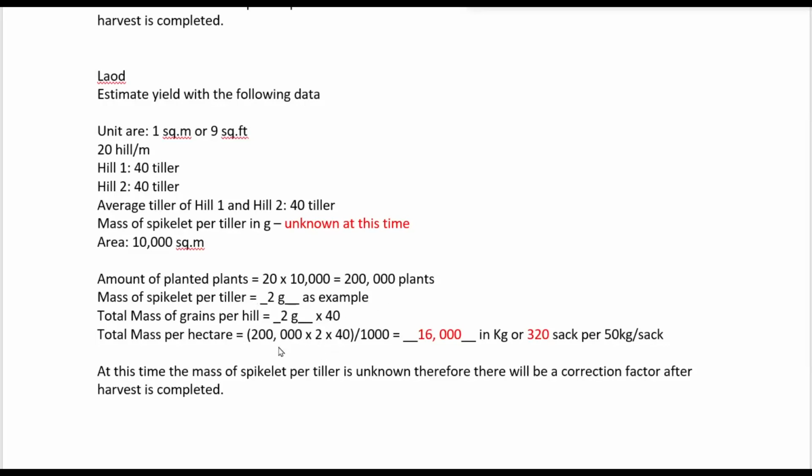Multiplying out the numbers, 200,000 plants times 2 grams times 40 tillers comes out to 16,000 kilograms, or 320 sacks per hectare.